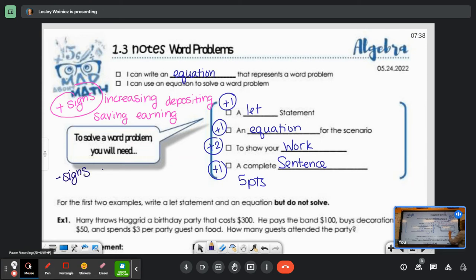Okay, so decreasing, spending, whoops, not earning, withdrawing, expenses.